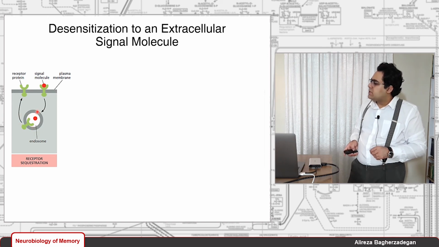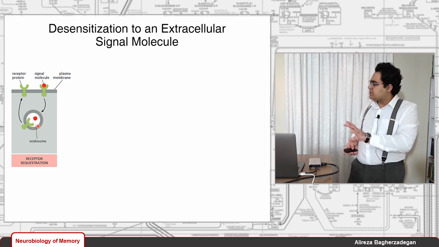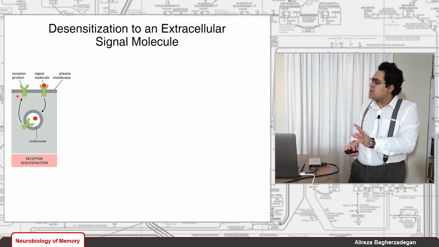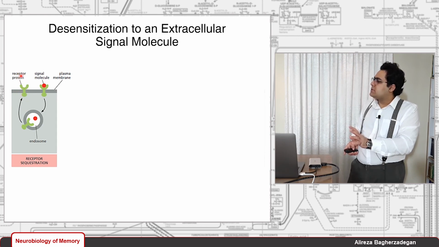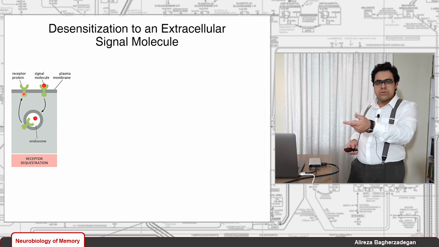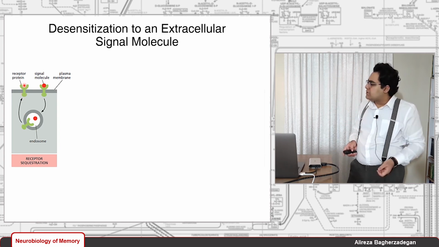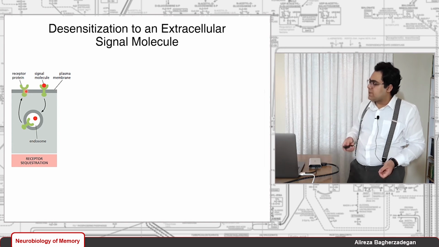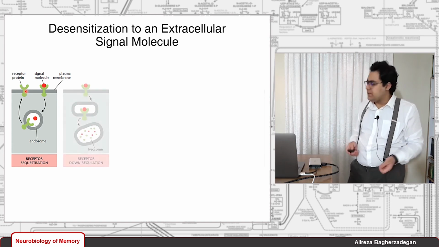Then it is temporarily sequestered in the endosome, and after some time, it gets out when the endosome fuses with the cell membrane again. This receptor protein is recycled and gets back to the plasma membrane. So this is one way.